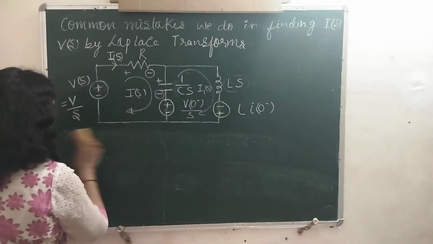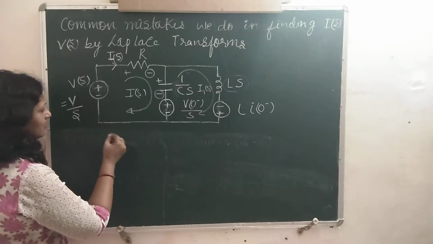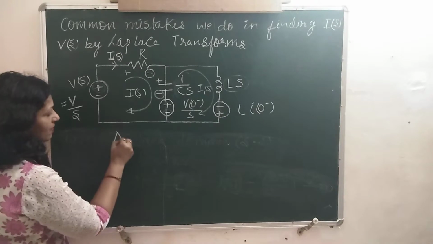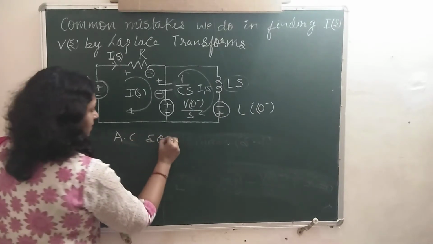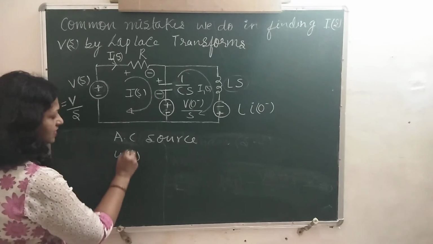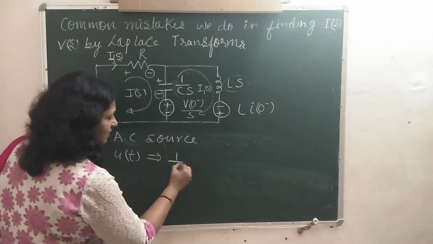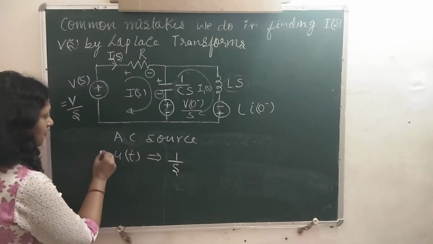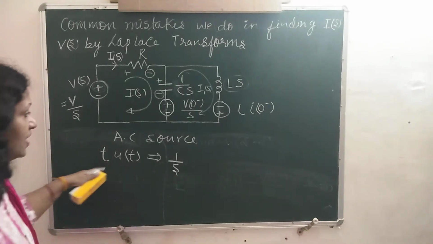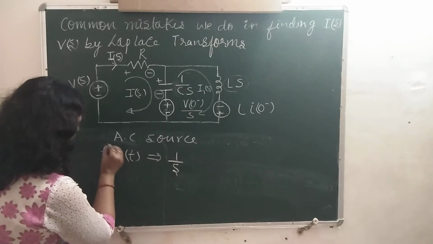And last but not the least, if we are using a DC source, it's okay, it is V by S. But what about an AC source? Suppose the signal is a unit step function, then its Laplace transform will be 1 by S. If the unit step function is multiplied by t, then it will behave as a differentiator.